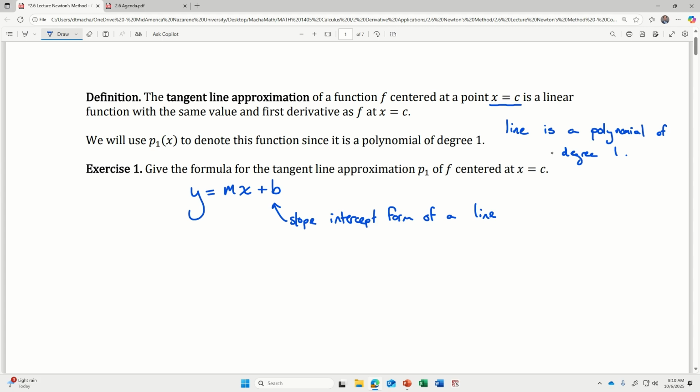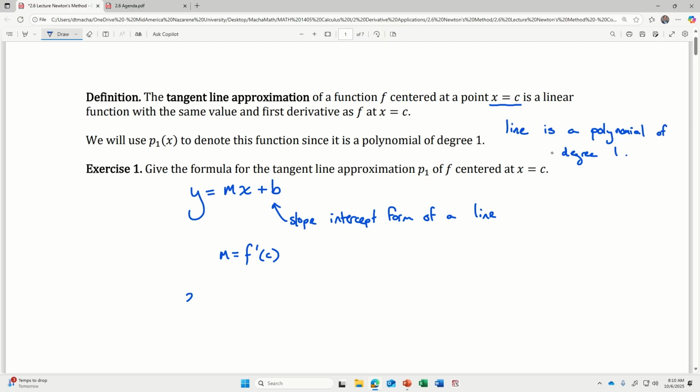And I want the slope of my tangent line approximation to be equal to the slope of my function at the point x equals c. So of course that's the derivative of the function. And then I also need these to intersect each other at that point. So they need to have the same value.